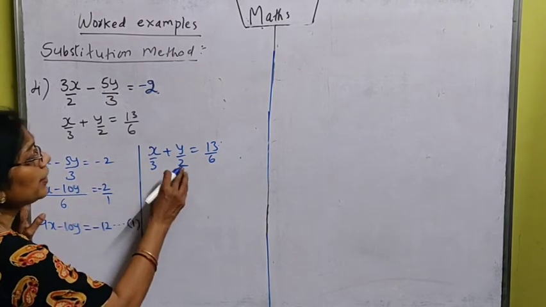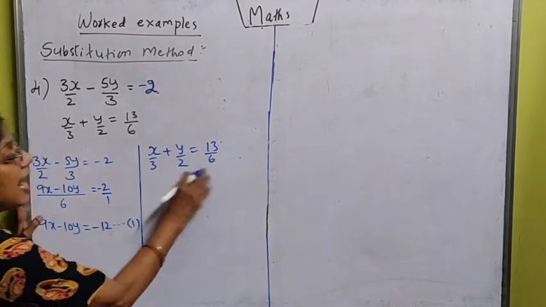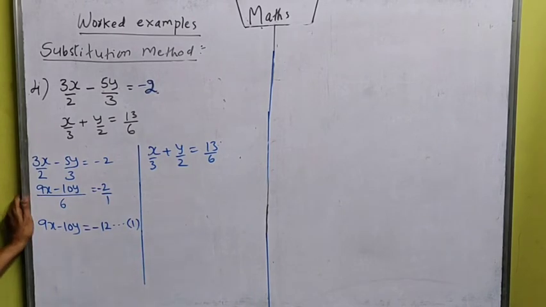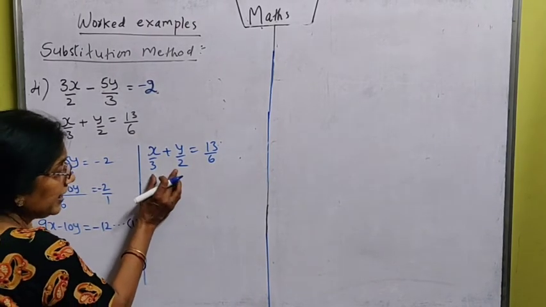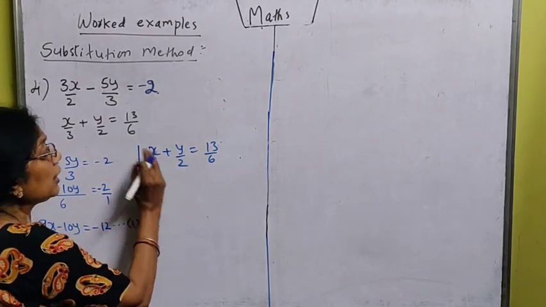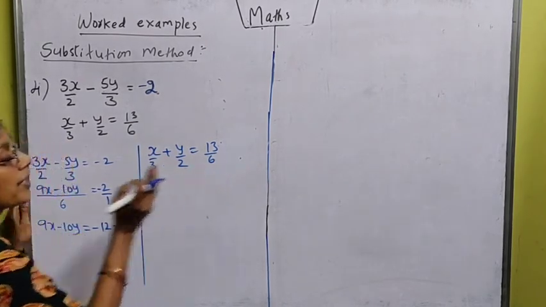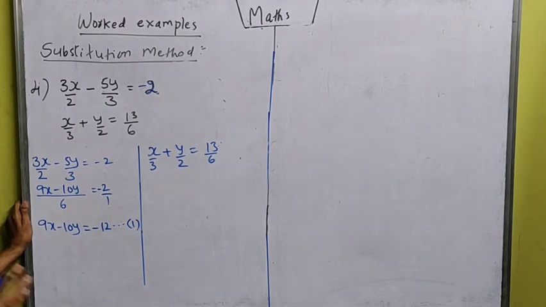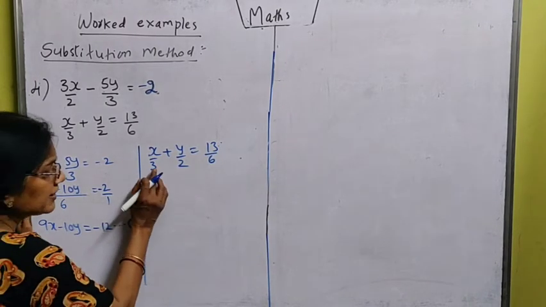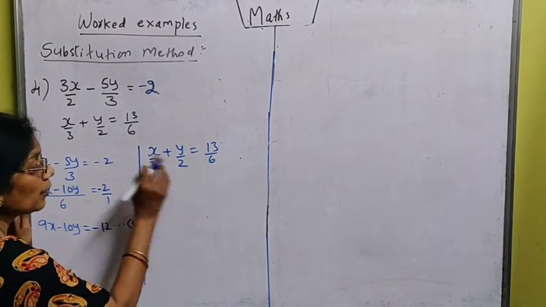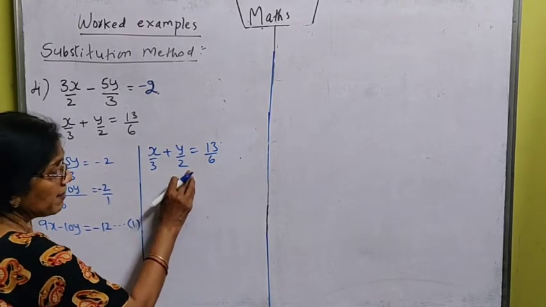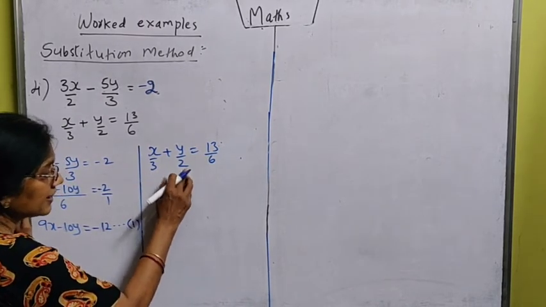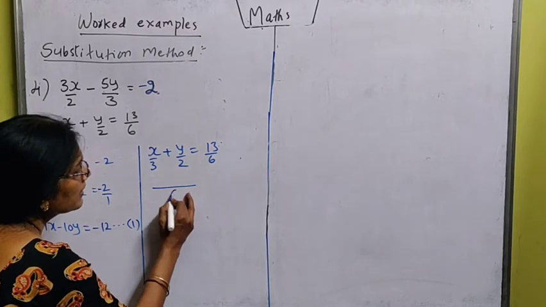See, 3 is given, 2 is given and 6 is given. At a time we can take the LCM, and if the denominators are the same on both sides of the equal sign, you can cancel the denominators. 3 is a prime number, 2 is a prime number, so 3 2s are 6. So the LCM is 6.